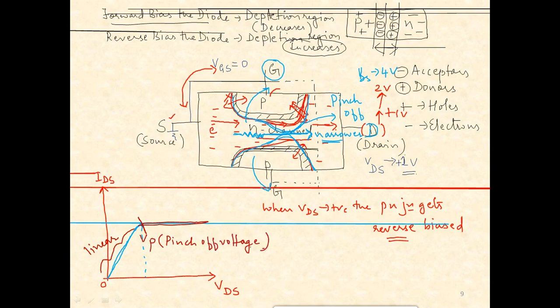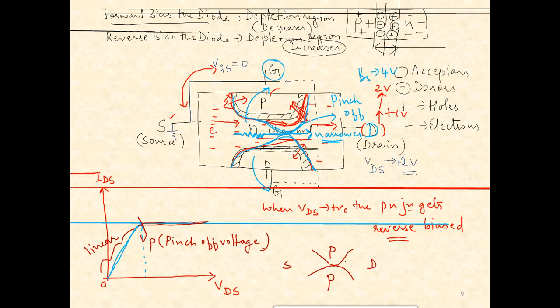So what do we mean by pinch off? It is the voltage at which both the depletion regions tend to join each other. They almost join each other. See, if they would have really joined, then what would be the current? Say for example, let us assume that this is the depletion region of the top P region, and that's the depletion region of the bottom P region.